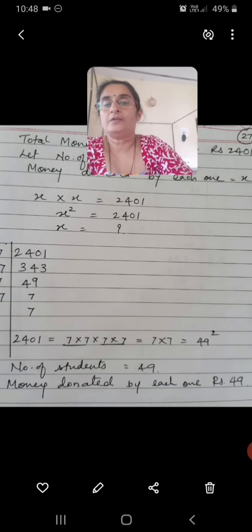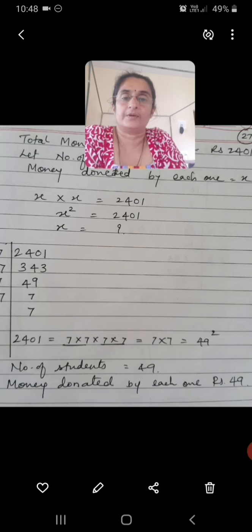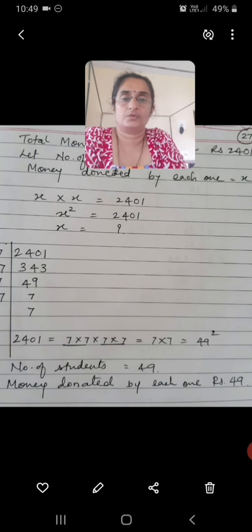Now to find out the total money distributed, what will we do? Number of students into contribution of each child. So X into X, that is 2401. X into X is X square, that is 2401.